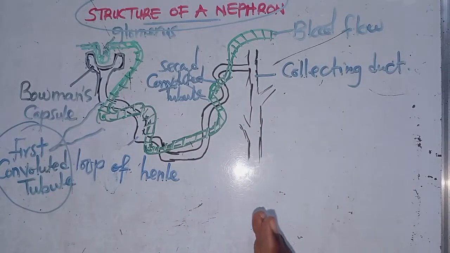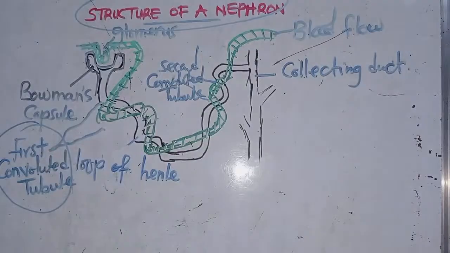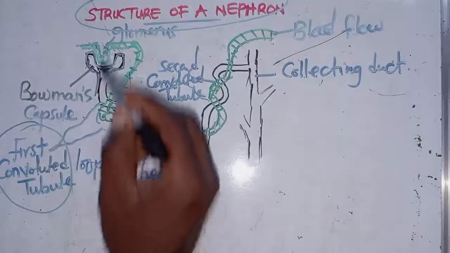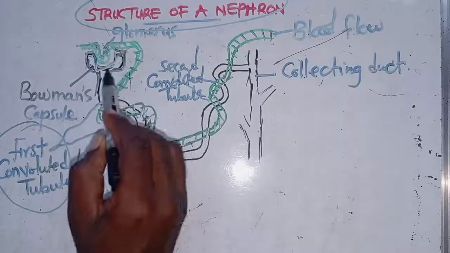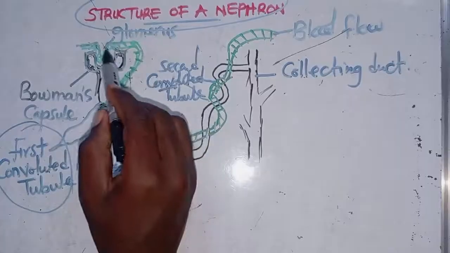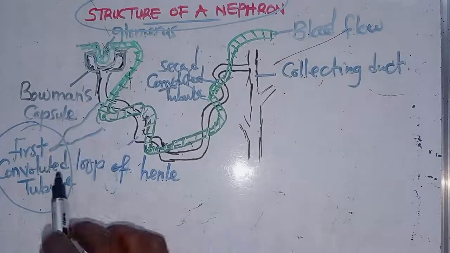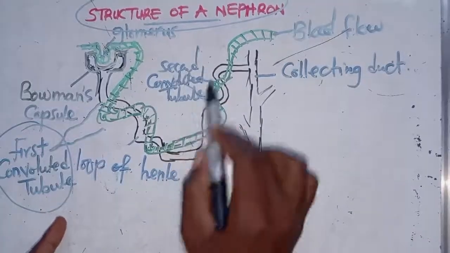When I say glomerulus, it is that part on top. When I say the Bowman's capsule, this is the part here that holds the glomerulus. And we've got the first convoluted tubule and the second convoluted tubule.